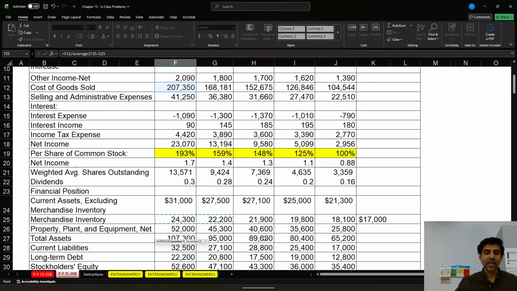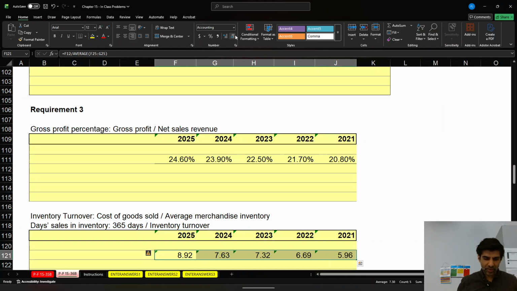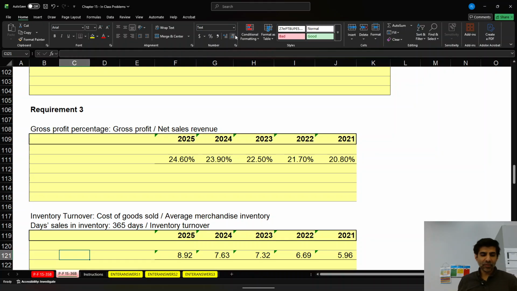So I'm going to take, again, the average of the beginning year and ending year balances. I just apply this.